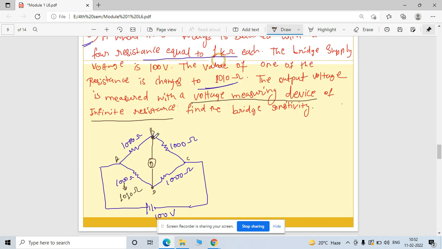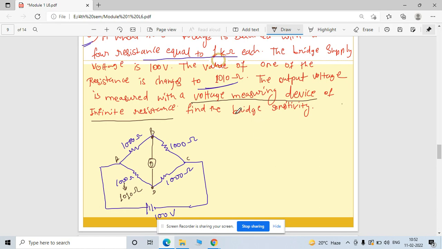So under the balance condition, these parameters observe the infinite resistance, then only no current is flowing in this branch. Okay. But when the bridge becomes unbalanced, then current will start flowing, or you can say a potential difference is created between these two nodes. So that potential you need to measure here, right? While one of the branches is changed to 1010 ohm.